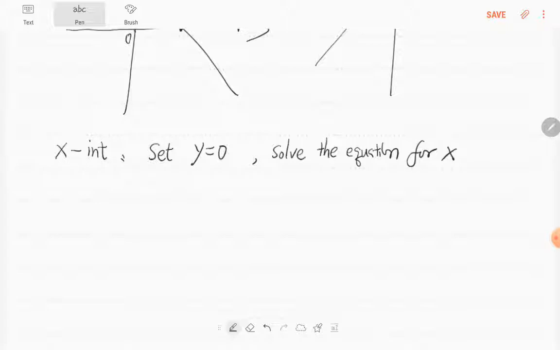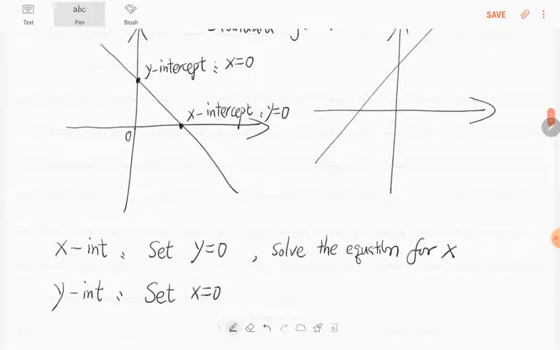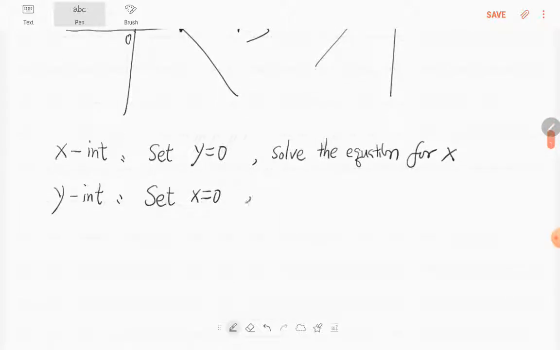Then you can find the x-intercept. For the y-intercept, you set x to be 0, because the y-intercept always has x equal to 0, then solve the equation for y. Then you will get the y-intercept.